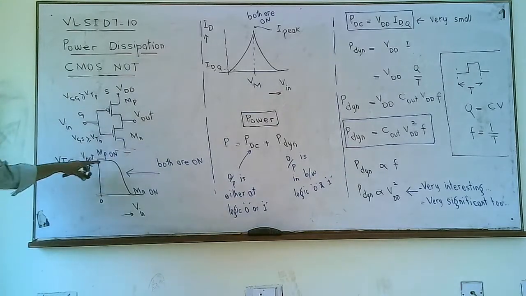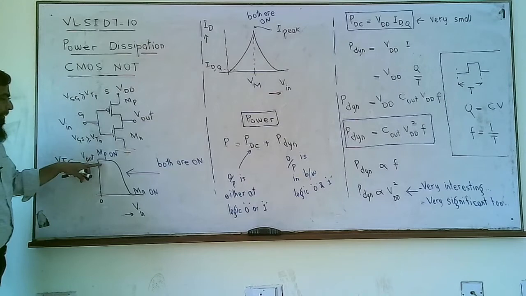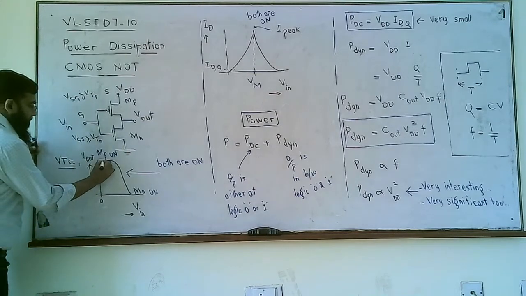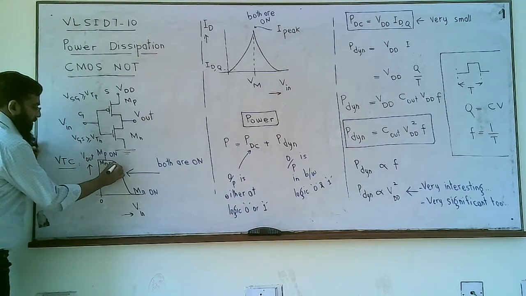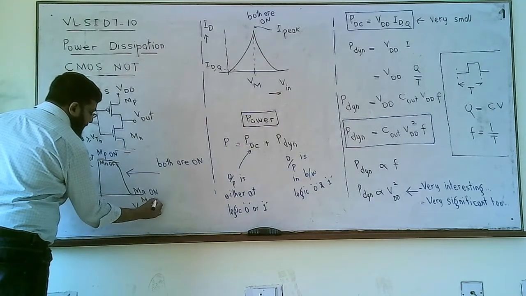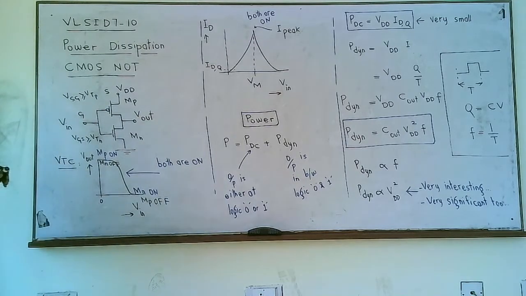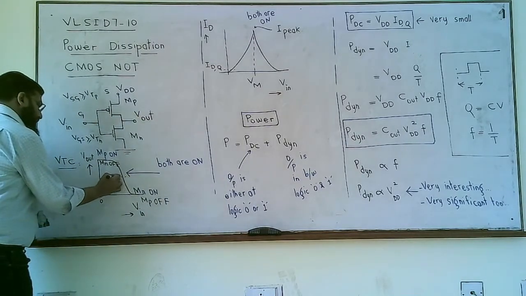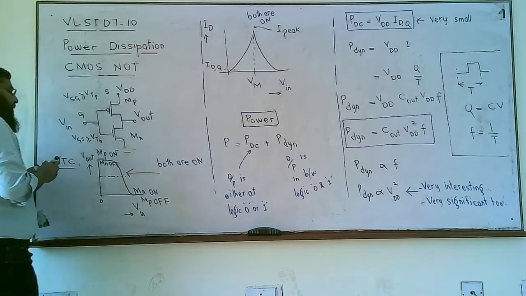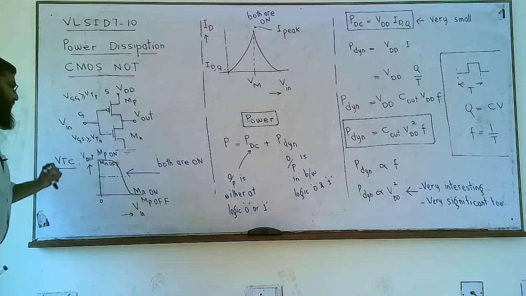So when Vin is very small, MP is on and MN is off, and here MN is on but MP is off. In the middle, we have studied that this condition comes true for both PMOS and NMOS transistors, and they both are on.